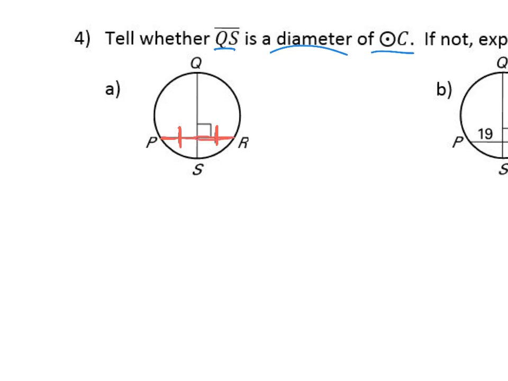In other words, bisected. Now, the other thing I notice is that this right here is perpendicular. So that means that if QS is a perpendicular bisector for chord PR, then it must be the diameter based on my theorem.